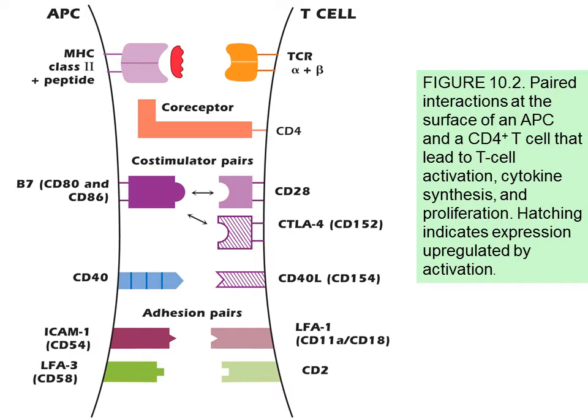Then we have adhesion pairs. They are like cell adhesion molecules. If you remember, in the very first lecture in physiology, we talked of CAMs, cell adhesion molecules. Cell will go and adhere. So if you want this cell to perform the function, then you need the cell to adhere. Right? So you need expression of these ICAMs and the corresponding ones, because the idea is if an antigen presenting cell is giving a signal to a T cell, in order for signaling to take place, firstly they have to really glue together.